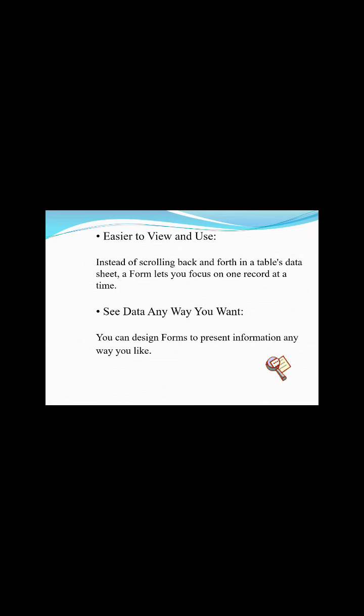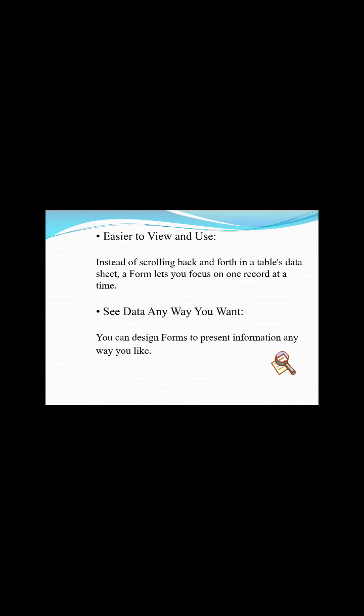Now the third view is layout view. This is basically used to change the appearance of the form and the size of the various controls of a form. I'll explain what the controls are. Suppose you are creating an entry form for student entry.